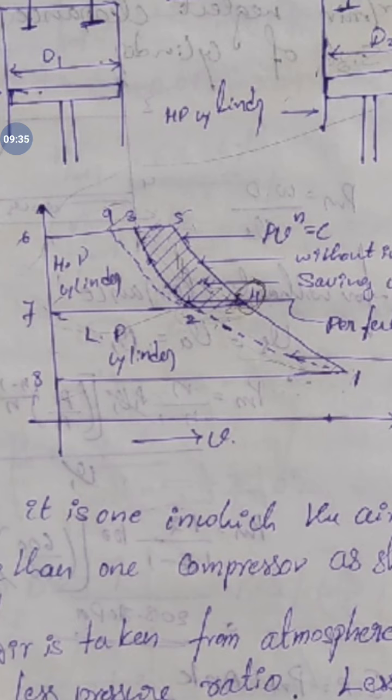Once again, the work required to compress is the area 1 to 2, 2 to 7, 7 to 8, 8 to 1 plus the area 2 to 3, 3 to 6, 6 to 7 and 7 to 2. The hatched area will be eliminated here due to the intercooling.